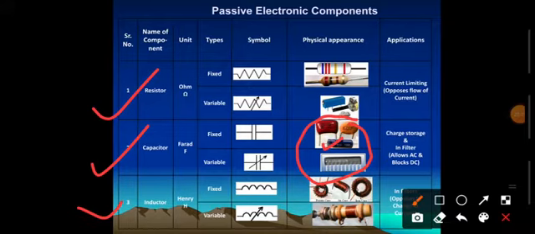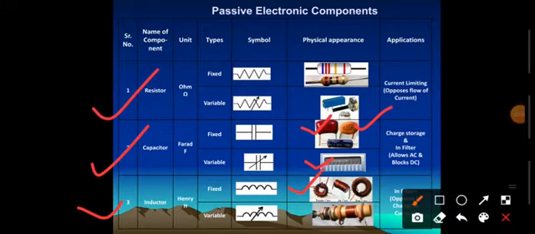The polyester and disc capacitors do not have polarity, so you can connect them without checking polarity. The other one is the variable capacitor, also called a gang capacitor.